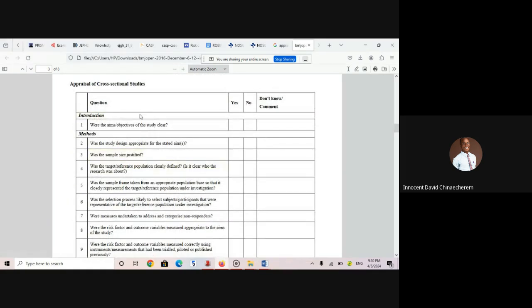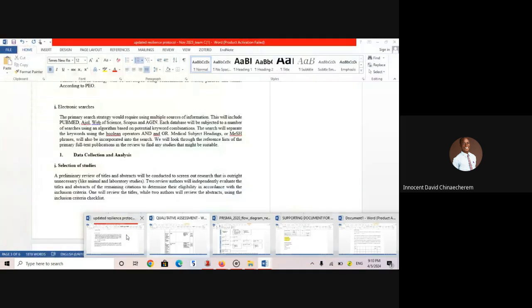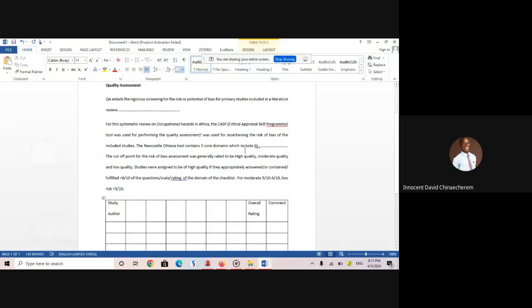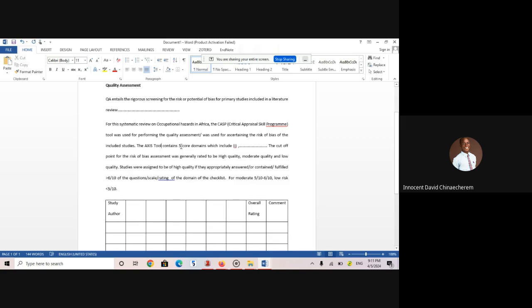Okay, good. Yes, exactly. So this is what I'm looking for. So we will use AXIS. We can still use CASP, or we can use NOS for cross-sectional studies, but let us use AXIS so that it gives us the perfect fit that we need. So we return back to our study. AXIS contains 10 domains. So you check it out.